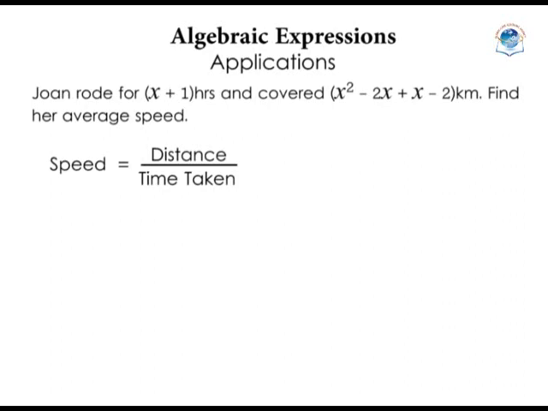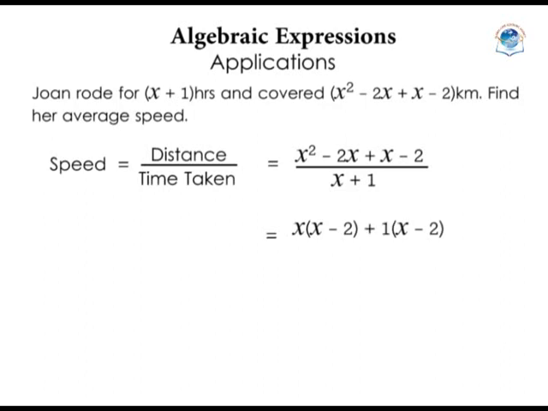That is equal to x squared minus 2x plus x minus 2 over x plus 1. So we factorize the numerator. The first two terms have a common factor x, so we have x into x minus 2. The next two terms have a common factor 1, so we have 1 into x minus 2. Everything over x plus 1.